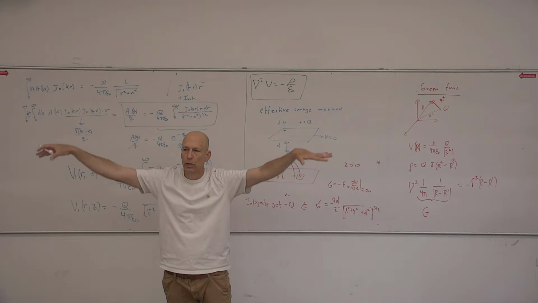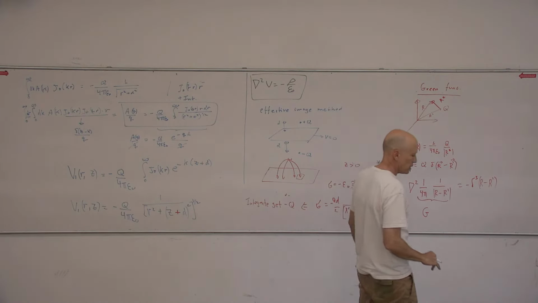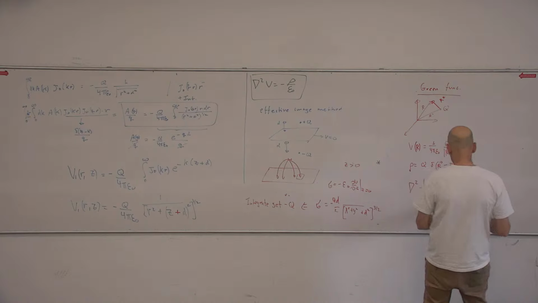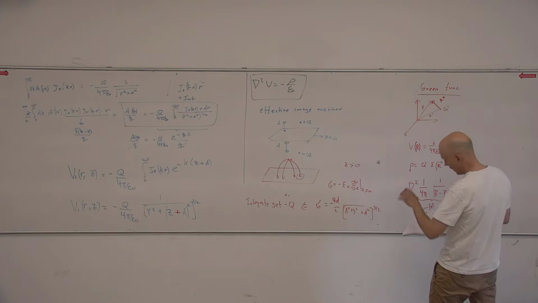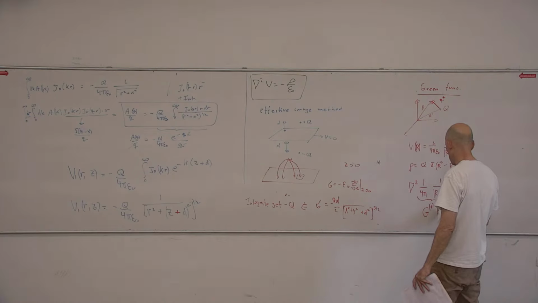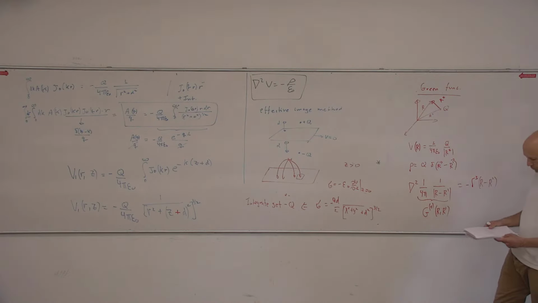I'm just saying the potential at infinity is 0. That's the simplest case that you learn in high school. This is what I called here G of r, r prime. It's a function of both r and r prime.